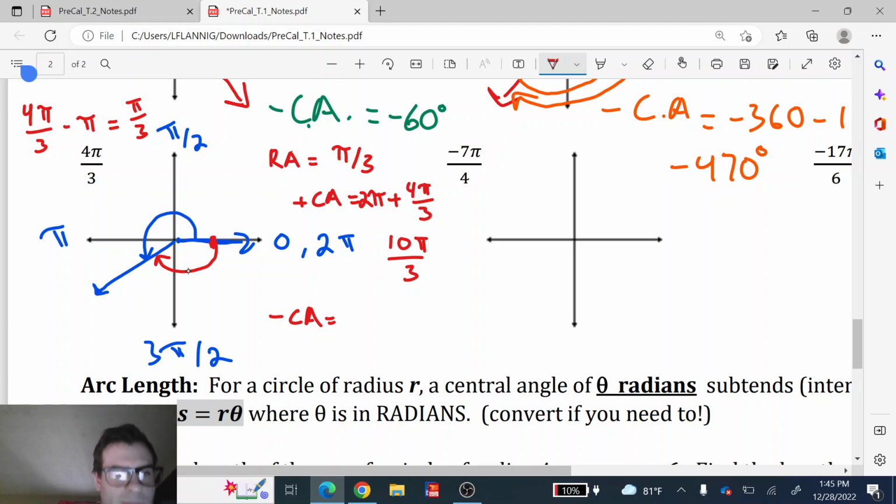We're just trying to get to this point. So we can say, what is a full pi minus the reference angle that we already have? So that's pi over 3. And that's going to give us negative 2 pi over 3.